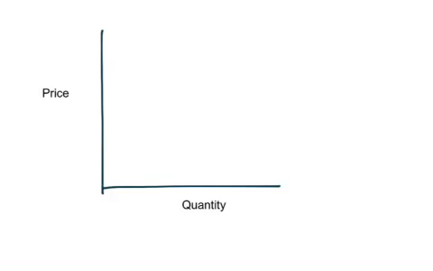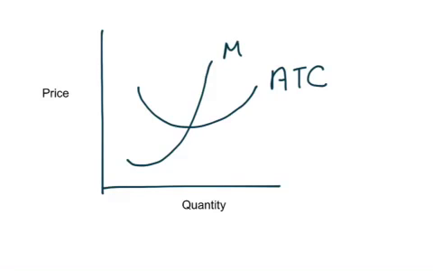Now if we think not about the demand curve, but how does the firm figure out how much to produce, what quantity should they be producing, and at what price do they sell it? This connects back to things that we looked at when we were looking at theory of the firm and perfect competition, in the fact that we're going to have some curves that now look more familiar. We're going to have the average total cost curve and the marginal cost curve.